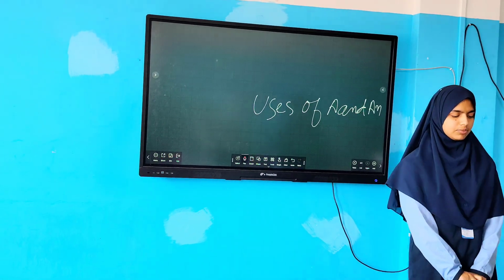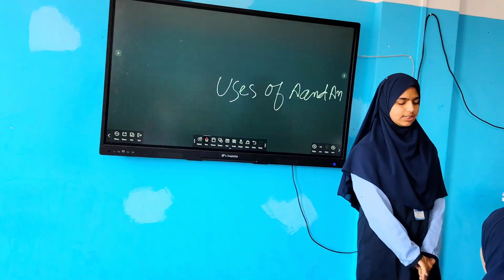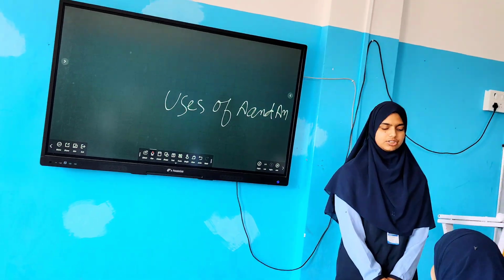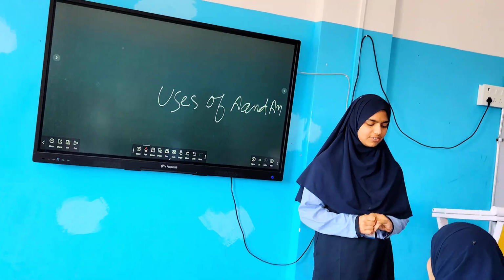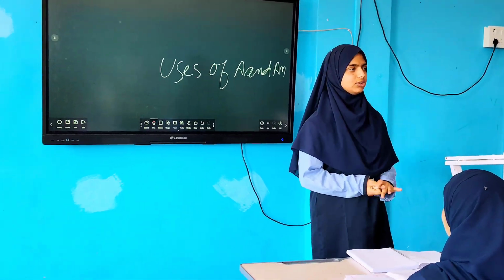Use a before words that begin with consonant sounds: a book, a teacher, a light. To refer to one person, animal, place, or thing.